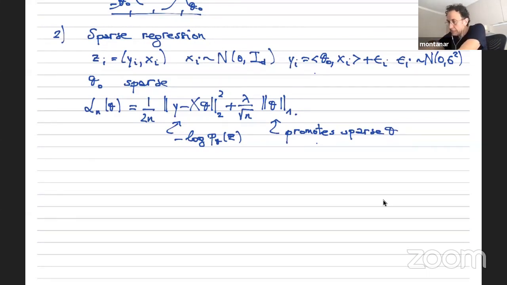Okay, so these are two examples. You can make up many other examples by changing, for instance, the details here.